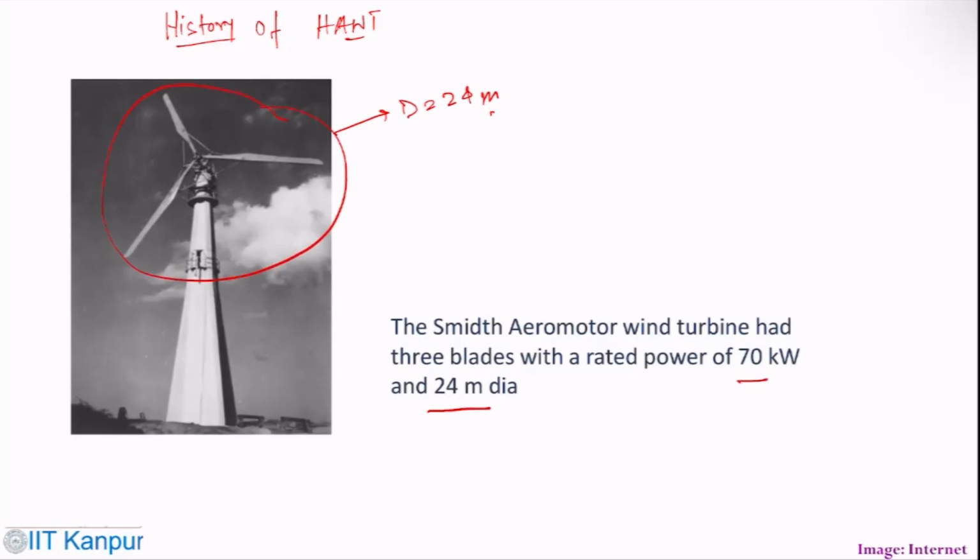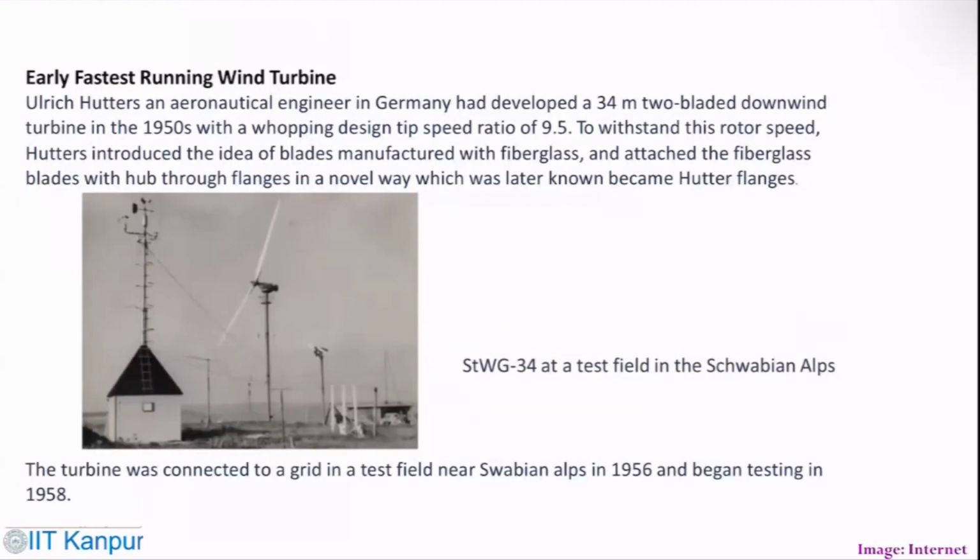Then if you go back and try to see in Europe, the early fastest running wind turbine. This is Ulrich Hütter, an aeronautical engineer in Germany who had developed a 34-meter two-bladed downwind turbine in the 1950s with a tip speed ratio of 9.5.